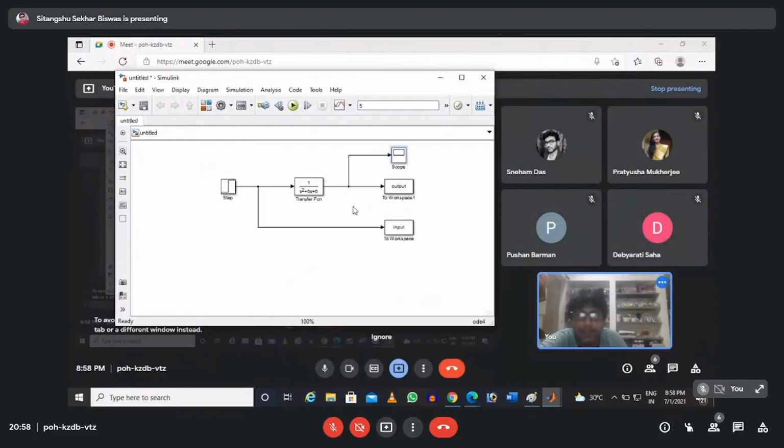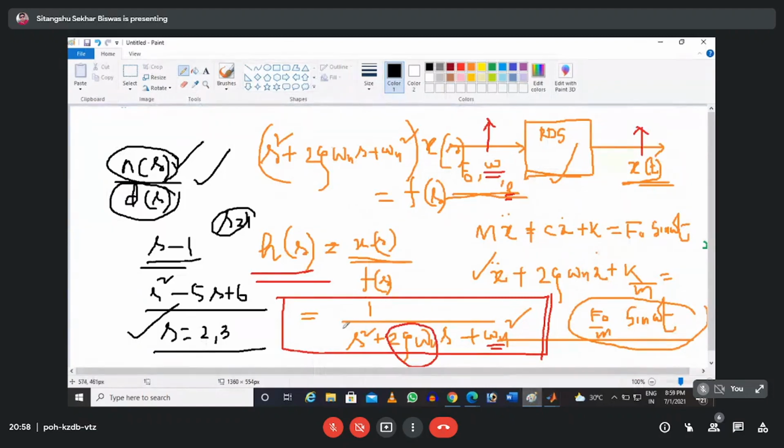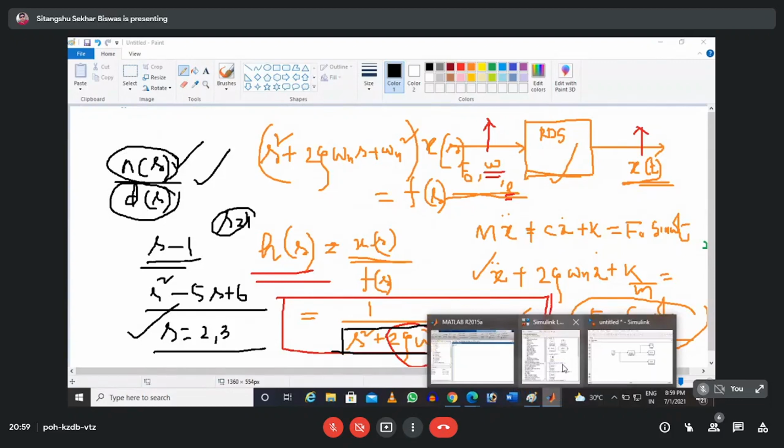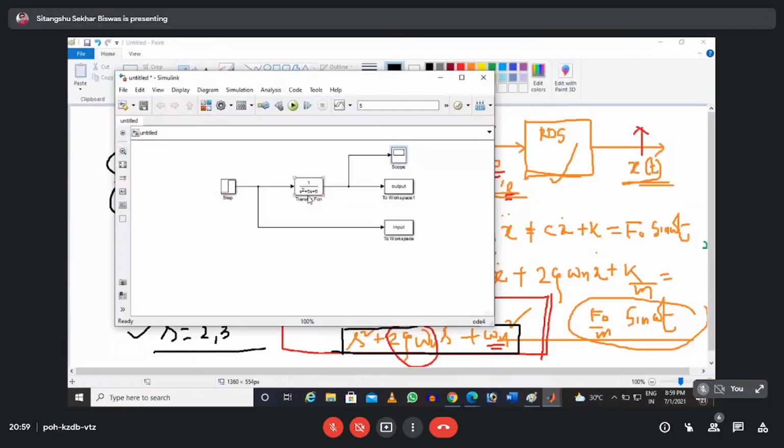And here, say my transfer function is s square plus 2 zeta omega n s plus omega n square. So let us consider this transfer function as s square plus 5s plus 6. So here 2 zeta omega n is equal to 5 and omega n square is equal to 6.